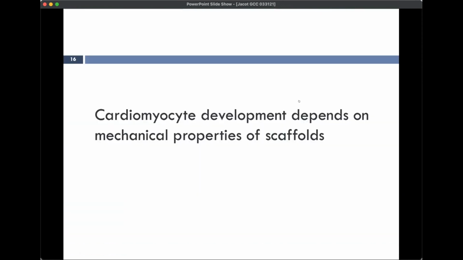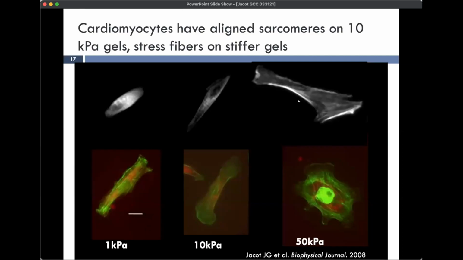So I quickly put this in, which is why I wanted to get to these slides, just based on some things from talks this morning. And this is some older work that I've done, but I think it relates to a lot of what people are looking at with matrix effects. We look at matrix, but another thing that we've really focused on is the mechanics and mechanical stiffness.